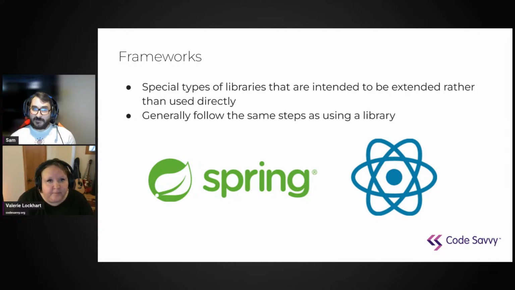So you follow the same steps, you acquire some executable, but instead of using it directly out of the box, you might, using object-oriented principles, override the objects that come from the framework. So Spring is a popular Java framework, and they have frameworks for doing pretty much anything that you would want to.